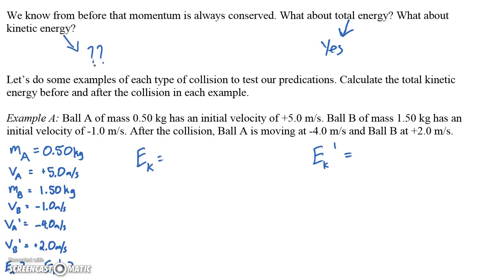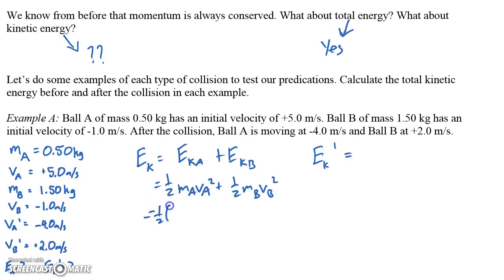So EK, which we have to do as EKA plus EKB, which is just going to be 1/2 MA times VA squared. So we're just trying to calculate the total kinetic energy beforehand so that we can compare it to the total kinetic energy after. So we're just going to sub everything in here.